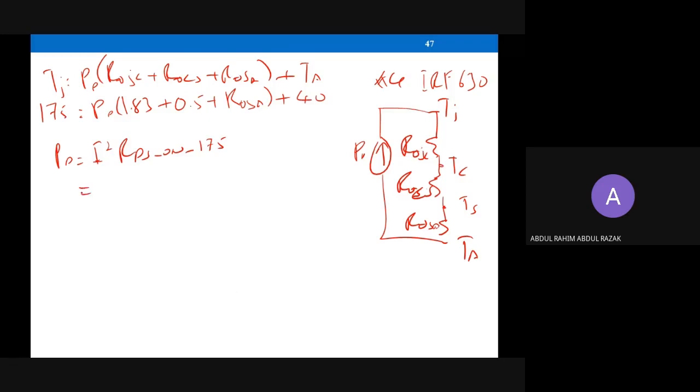So I is the maximum current, 9.3 squared, times 0.93. So how much is the PD? The value is around 60.43 watts.